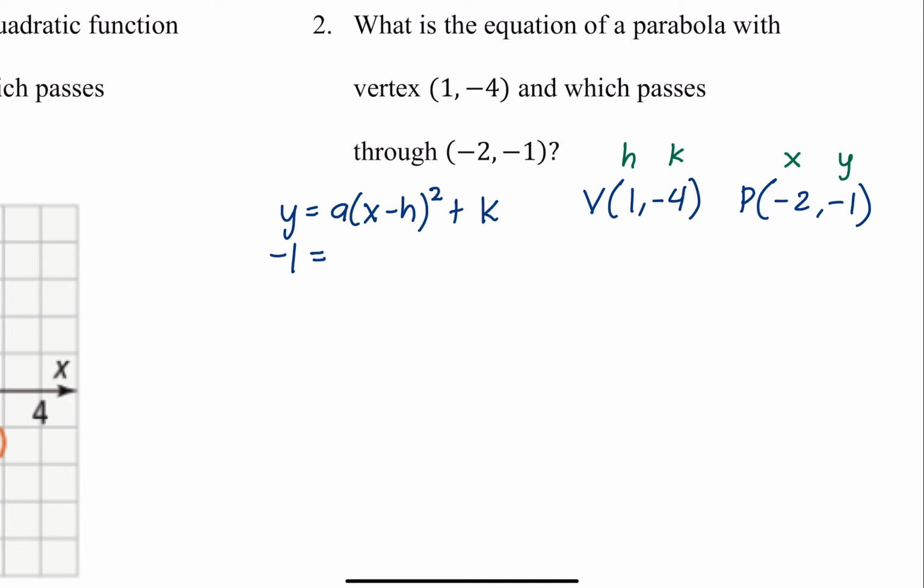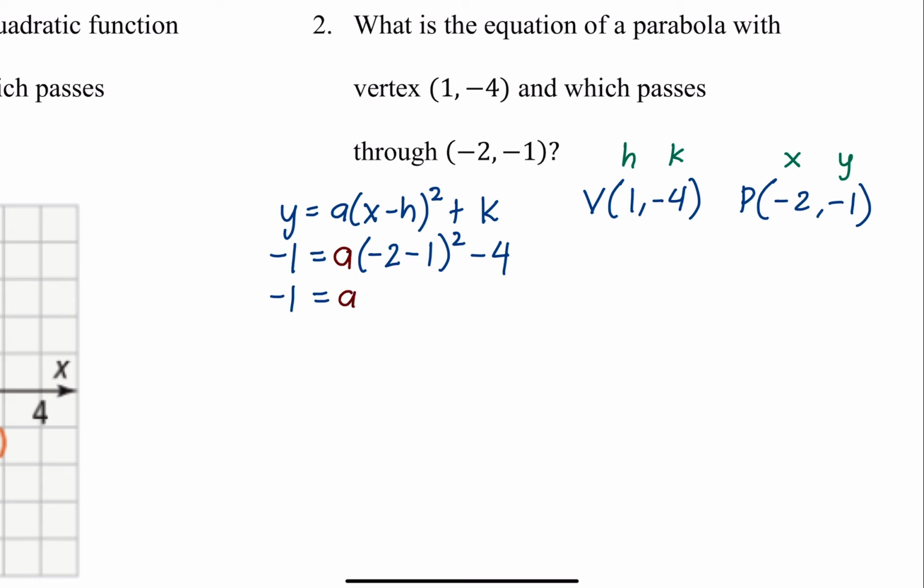Class, we're looking for a, so I'm just gonna leave it here. And then the value of x is -2. So parenthesis -2 minus the value of h, which is 1, minus 1 squared. And then the value of k is -4. So minus 4.